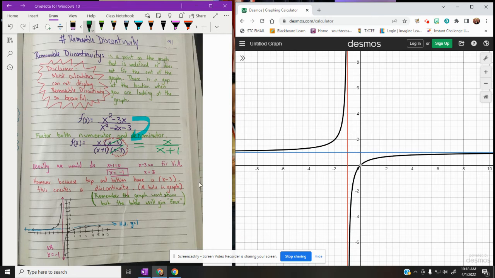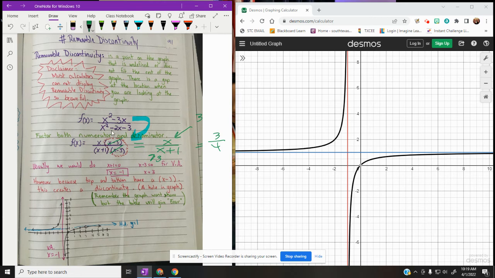And it kind of makes sense because if I was to plug in 3 right here for my x, my y would just be 3 over 4. So we could predict that the y is going to be 3 over 4. We could literally say, oh, you know what? The y is going to be 0.75, 3 over 4.